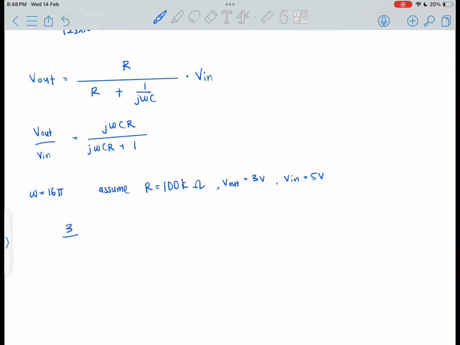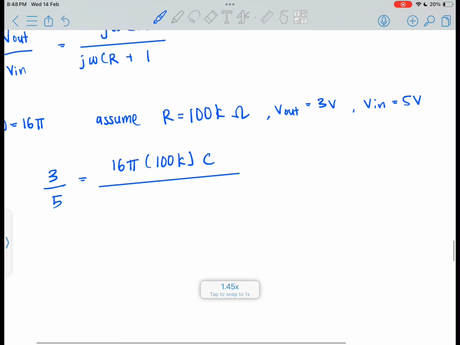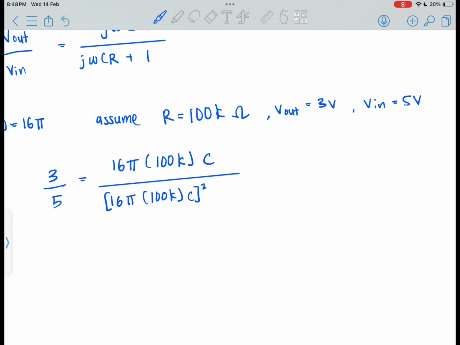And then we should just insert the values in the equation, but the equation might be different because we don't have j anymore. So 3 over 5 is equal to 16 pi times 100k times C divided by the square root of 16 pi times 100k times C squared, plus 1.